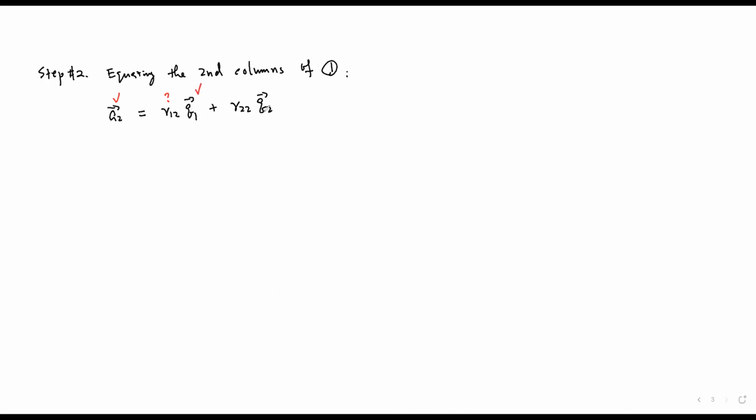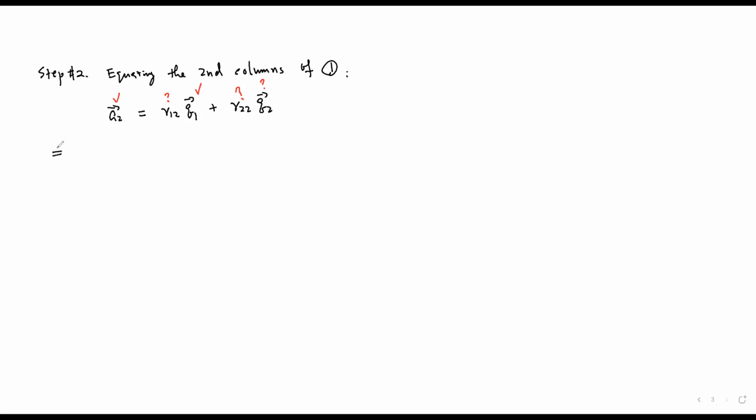R22, I don't know. Q2, I don't know. So in this equation, I want to find this number and this vector. How to get them? Use the orthogonality of the matrix Q. The columns of matrix Q are orthonormal.